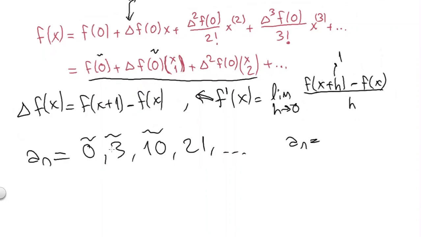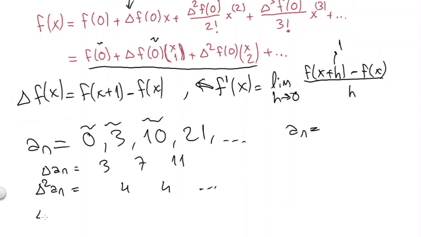If I take this difference, it's 3. If I take this difference, 7, 11. This was the first differences, delta a_n. If I do it again, delta squared a_n, taking these differences again, it's going to be 4, 4.